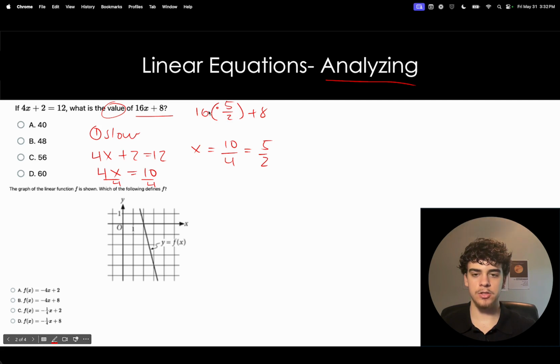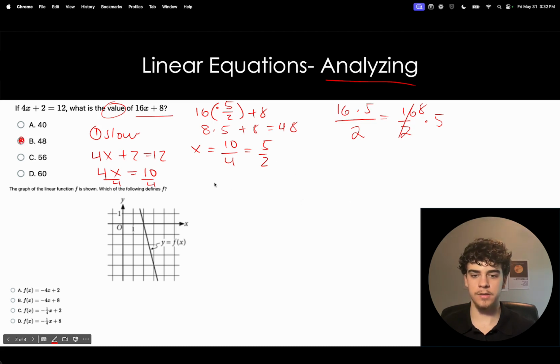You can divide the 2 from the 16, so 16 times 5 over 2 is the same as 16 over 2 times 5, which cancels out to 8 times 5. So we're left with 8 times 5 plus 8, which ultimately equals 48. So that's one way to get our answer, which in this case will be B.